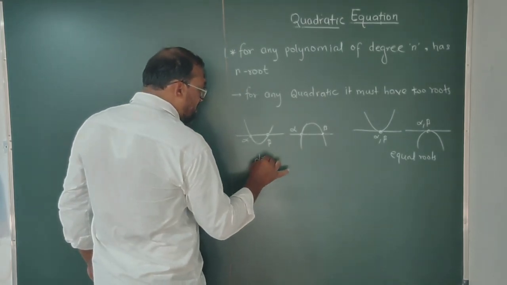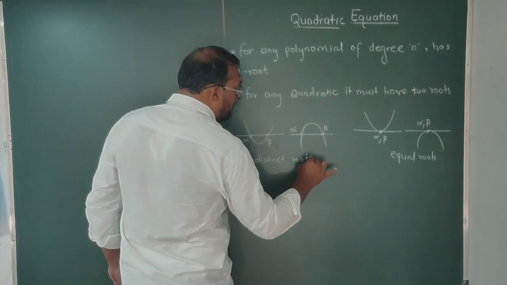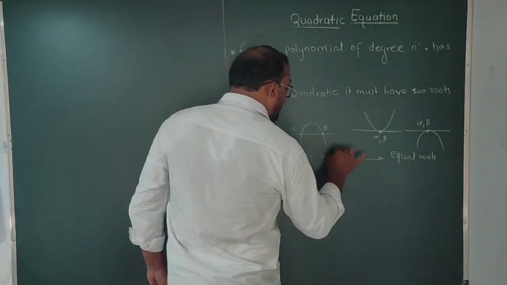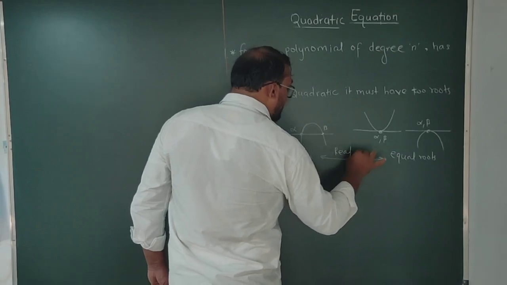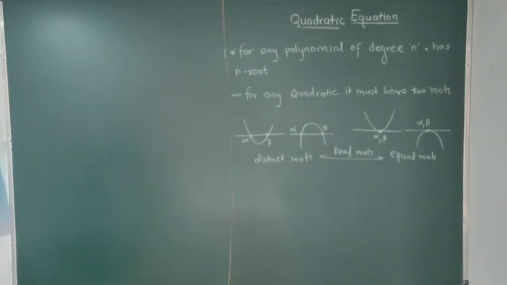These are distinct roots, and obviously both are real roots. Why? Because both are cutting the x-axis and the values on the x-axis are real values. Therefore, these are real roots.